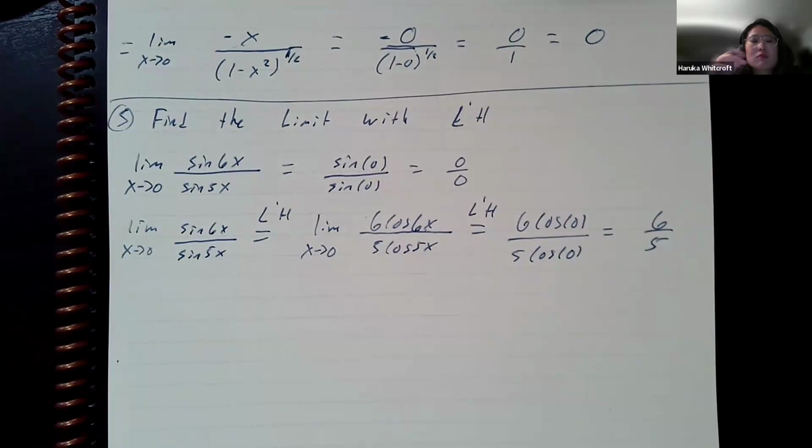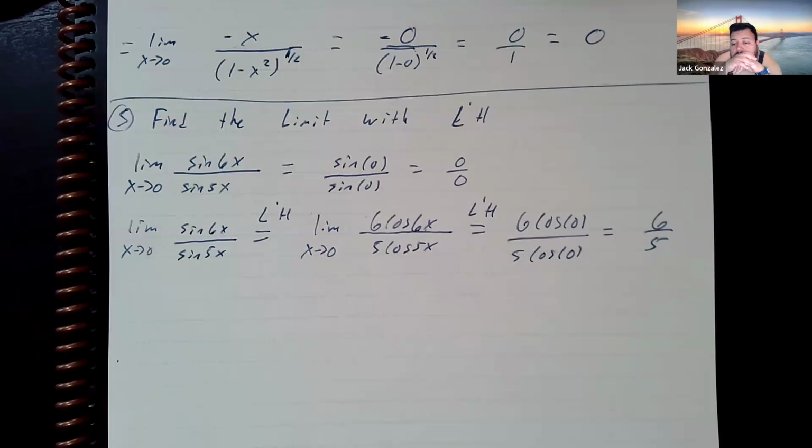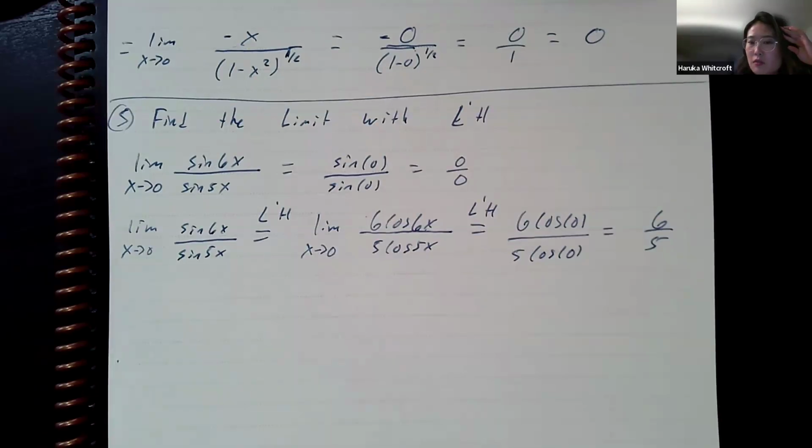Can I ask a question? Of course. Yeah, what's your question? So why is there a 6 in front of the cosine 6x?